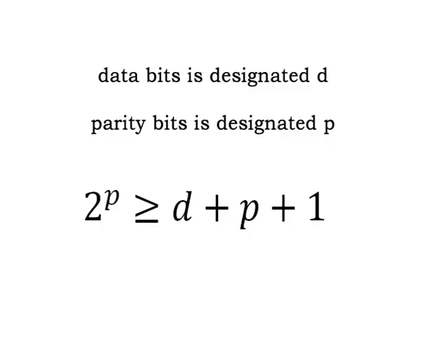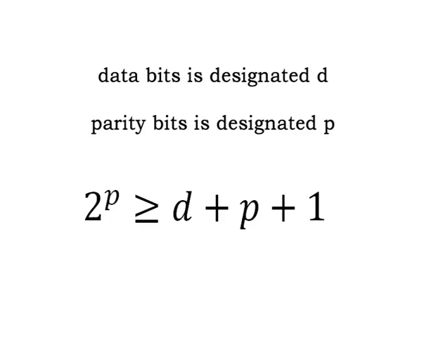The following coverage illustrates the construction of a 7-bit Hamming code for single error correction. Number of parity bits. If the number of data bits is designated D, then the number of parity bits P is determined by the following relationship, where 2 to the power P is greater than or equal to D plus P plus 1.